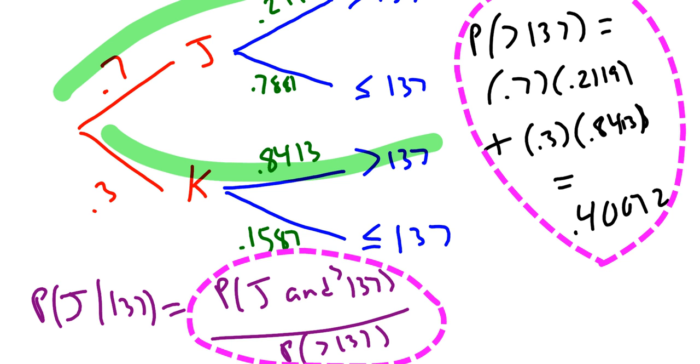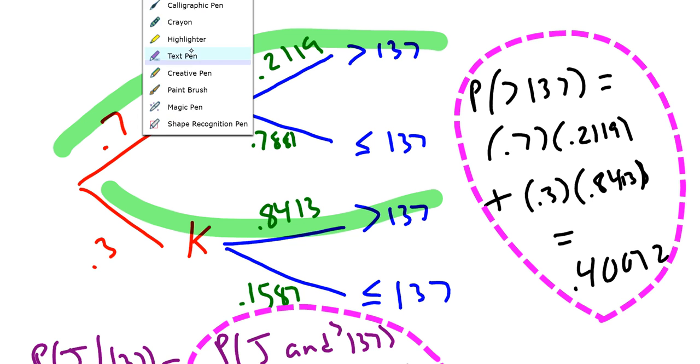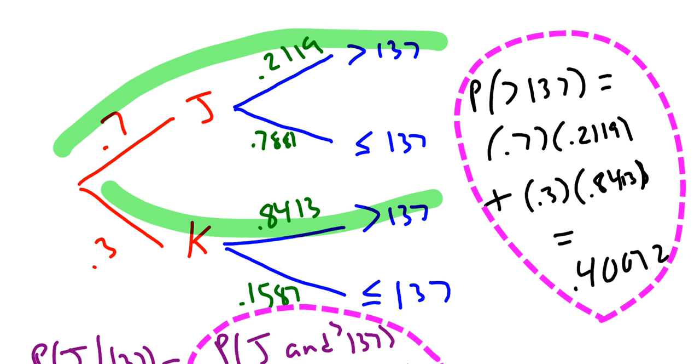If we look at the picture, we can see, let's use my highlighter again. Here we go, and let's use the purple. Here are the melons that came from distributor J and are bigger than 137.